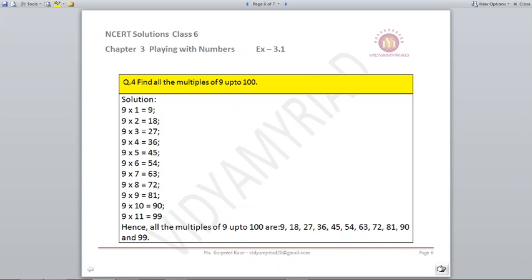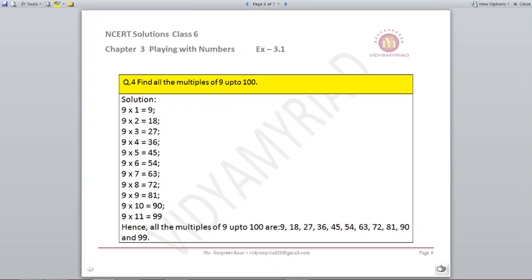Next, question number 4. Find all the multiples of 9 up to 100. Up to 100 means if I do my 9 table till 10, 9 tens are 90. Multiples means I need to write down the table of 9. 9 ones are 9, 9 twos are 18, 9 threes are 27, 9 fours are 36, 9 fives are 45, 9 sixes are 54, 9 sevens are 63, 9 eights are 72, 9 nines are 81, 9 tens are 90.